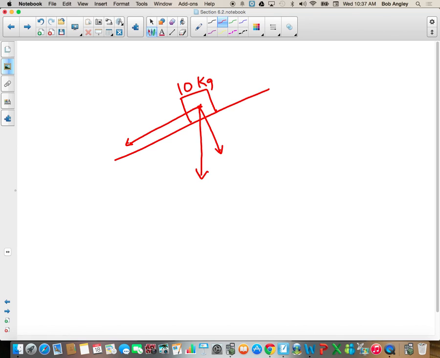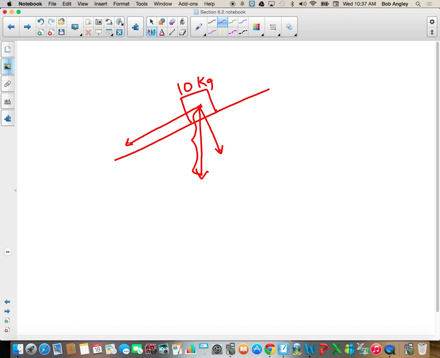There'd be a certain amount of force going this way, and then this one right here, wouldn't it have the magnitude of whatever that weight is, the 10 kilograms? It wouldn't be the force of gravity. But the force of gravity acting on something gives you its weight basically, or it's affected by its mass, right? It would be the mass times gravity. So this one is related to the mass that's here.